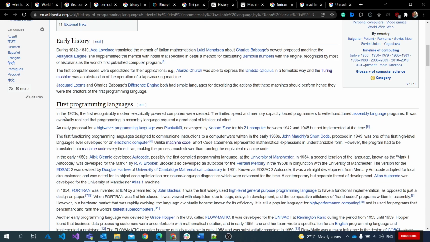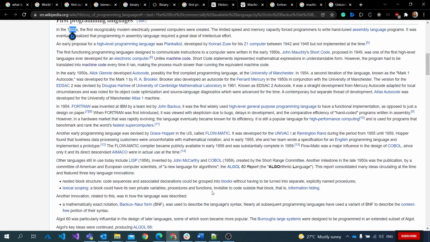But the actual first programming language, which was developed in the 1920s, was known as assembly language. There are still a lot of people who use assembly language. They use it a lot for, as I mentioned, game development, because that requires intense performance. Usually, people in those spaces would go for a language like assembly to develop the game engines, essentially.